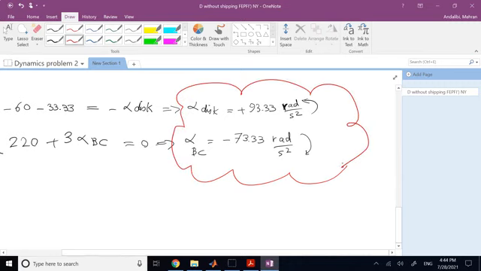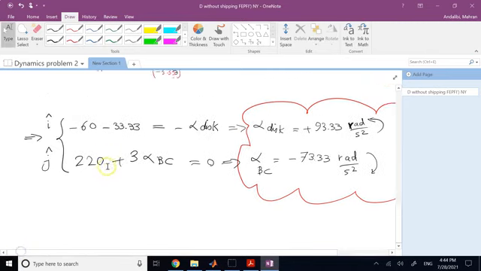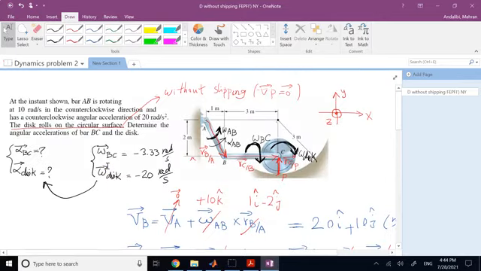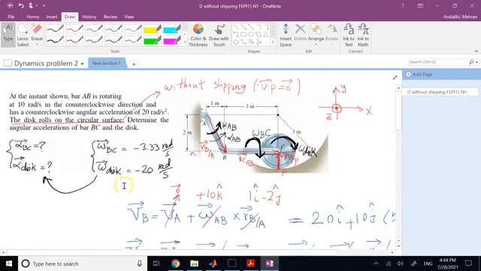Okay, so hopefully this problem was useful to you. The important point was to do velocity analysis before we can do acceleration analysis.